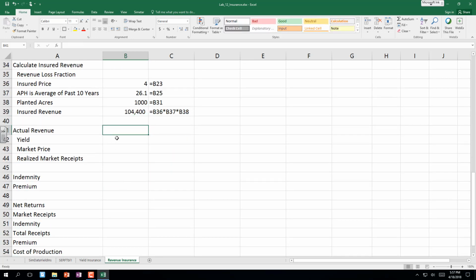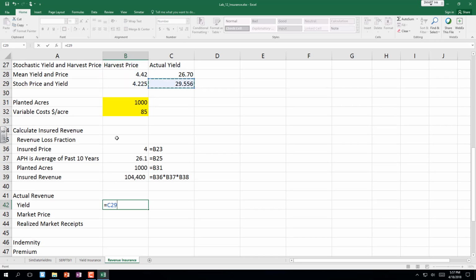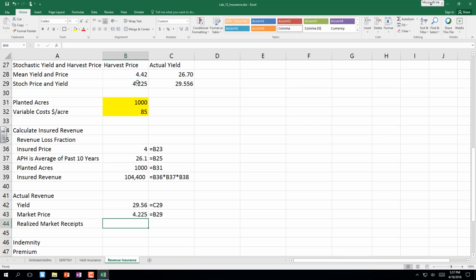Okay, now the actual yield. We're going to take the yield itself, that's the stochastic yield that we realized. It's in C29, times, or I'm going to multiply it times the actual stochastic price. I'm going to multiply those together, and I've got to have acres in there also.